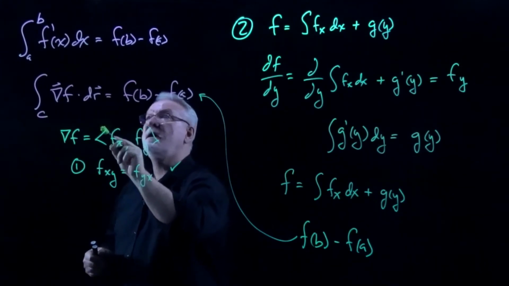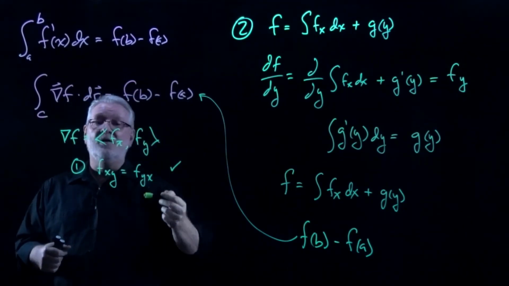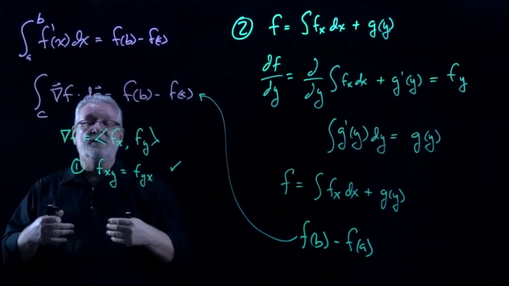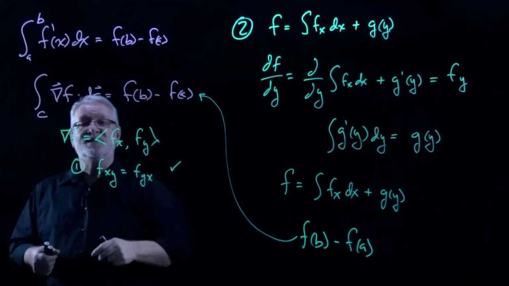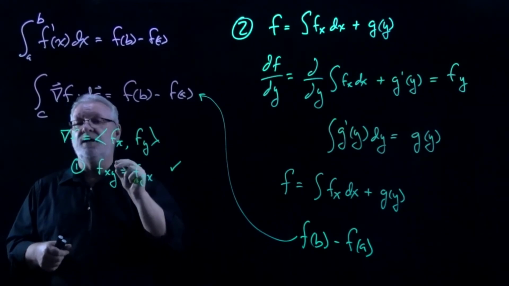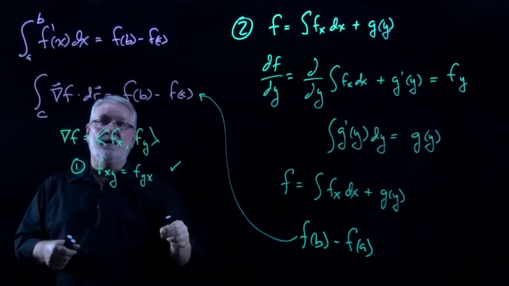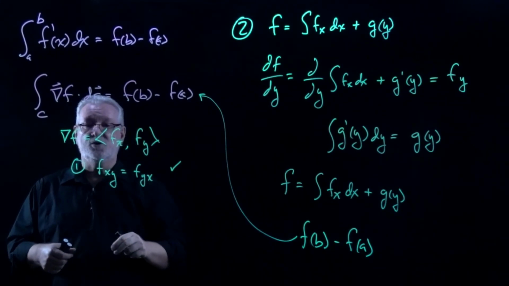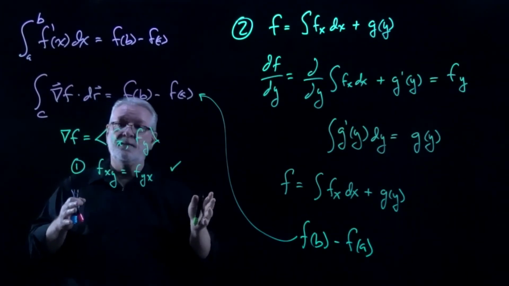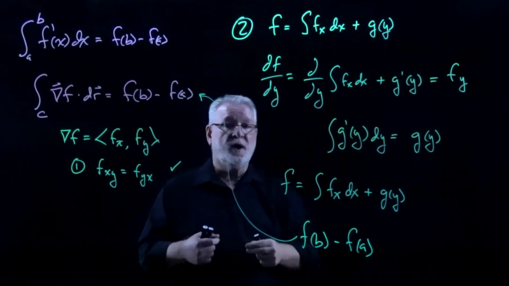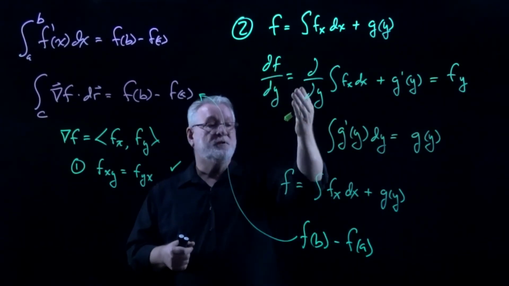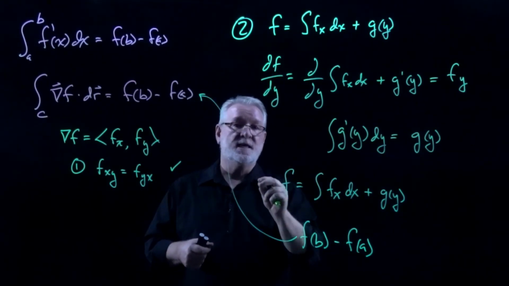Not every line integral can utilize the fundamental theorem of line integrals, because not every line integral is representative of the gradient of another function. But for any line integral that is the gradient of another function, this amazingly powerful shortcut is at your fingertips. All you have to do is practice a few times going through the process of the antigradient.